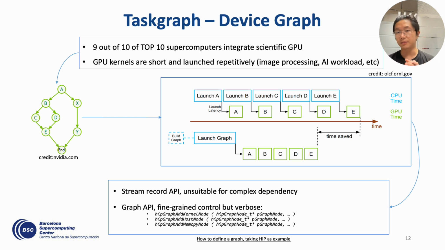This execution model is particularly interesting in the examples that I showed at the beginning, where we need to repeatedly launch the kernels. On the bottom, I just gave a set of functions that are needed to create such GPU graphs.